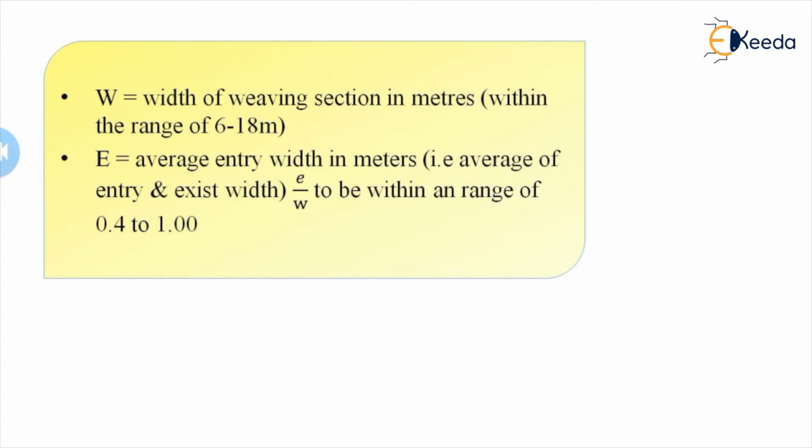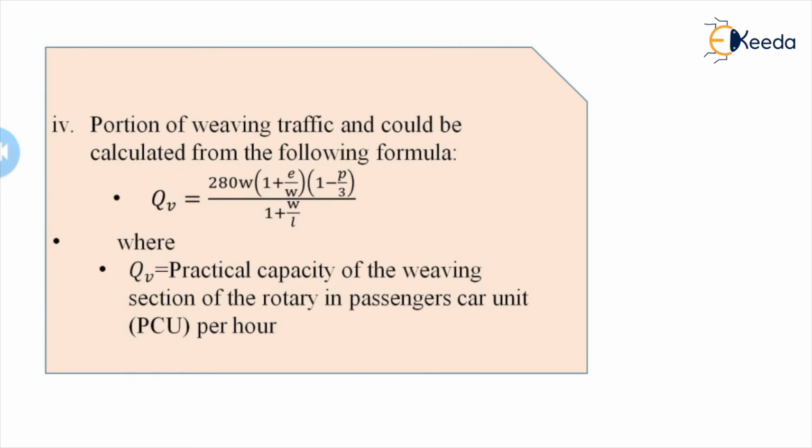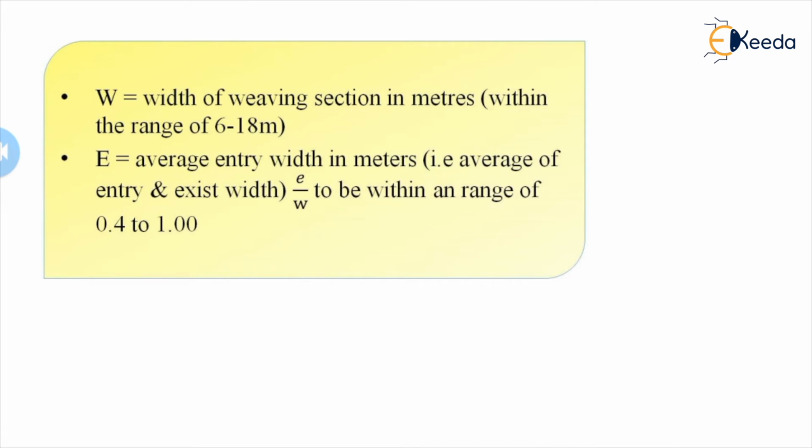Capital W is the width of the weaving section in meters. It is between 6 to 18 meters in India. And capital E is the average entry width in meters, that is the average of the entry and exit width. E by W is to be within a range of 0.4 to 1.